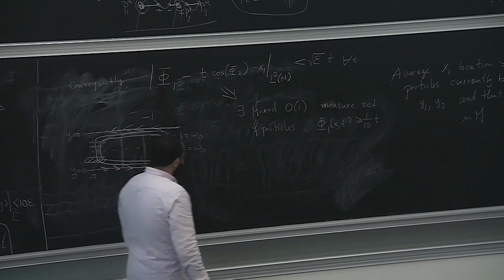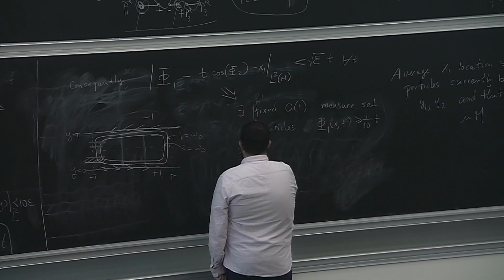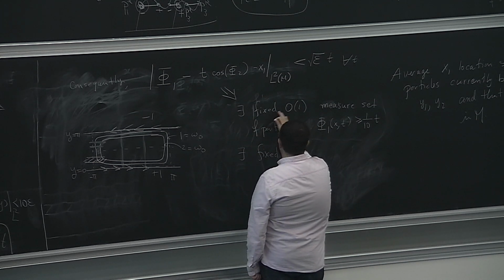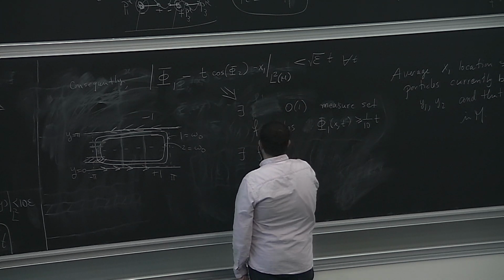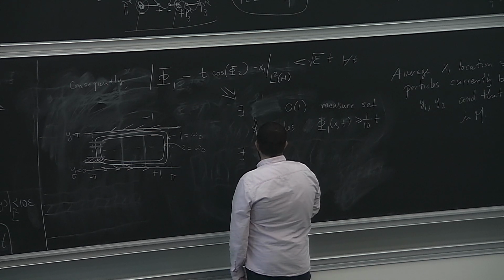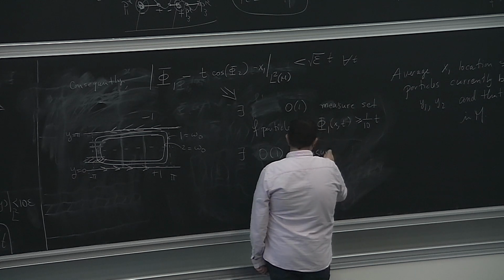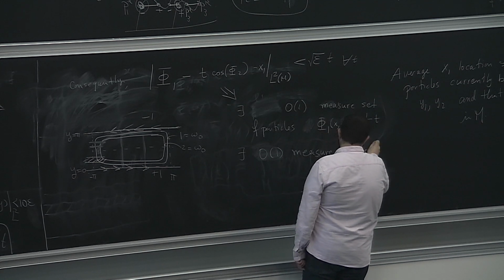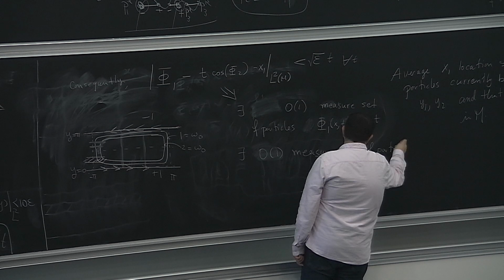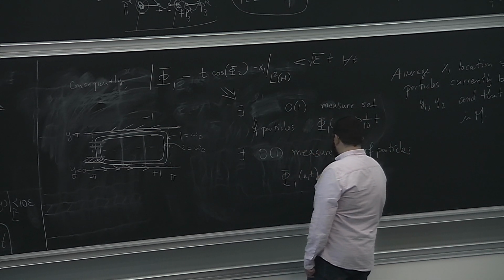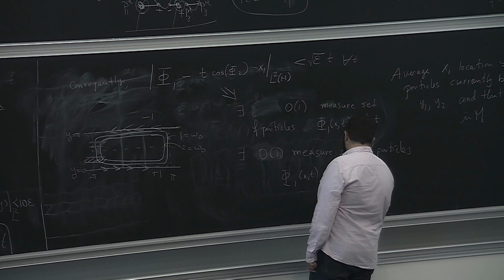Right? And similarly, there's another fixed set. Maybe fixed means the size; it doesn't mean the particles. So there exists an order 1 measure set of particles where phi 1 of x, t is less than minus 1 over 10 t.